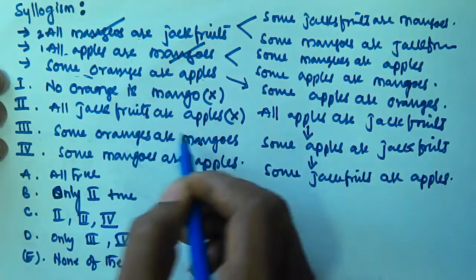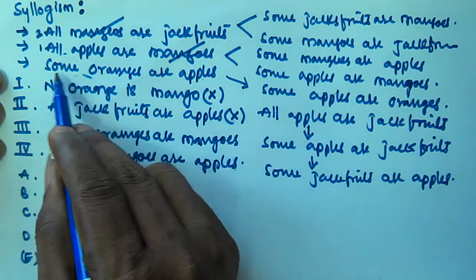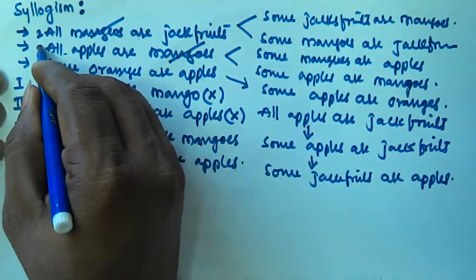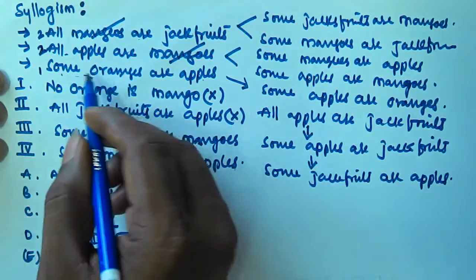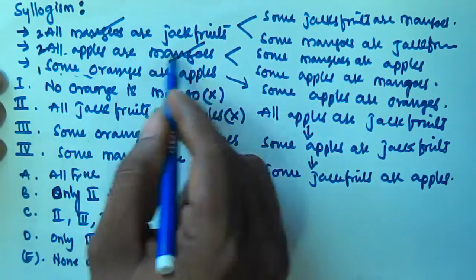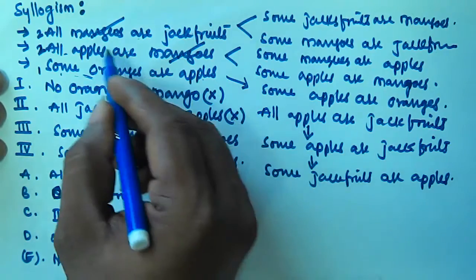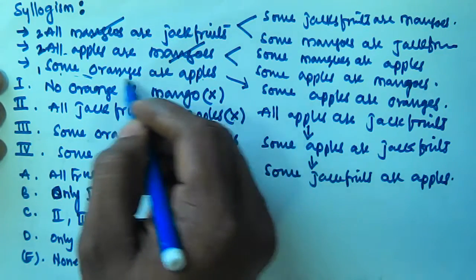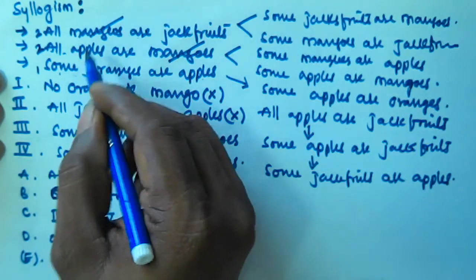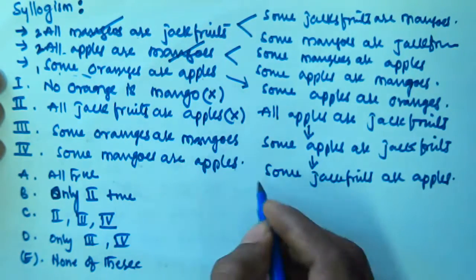How is this one going to be true? Let us assume this one is the first statement and this one is the second statement. Some oranges are apples, and here all apples are mangoes. Here apples and apples: the predicate of this some statement is equivalent to the subject of the all statement. Some plus all is going to give some.